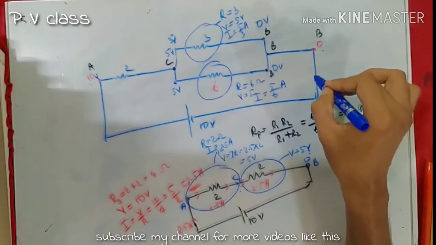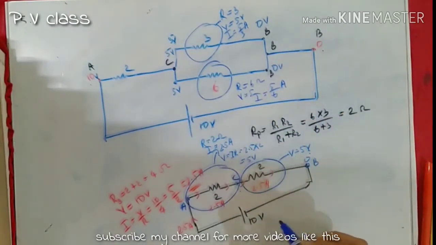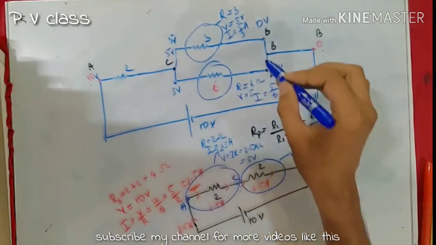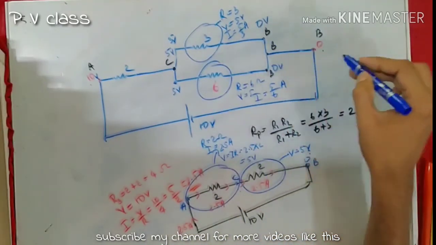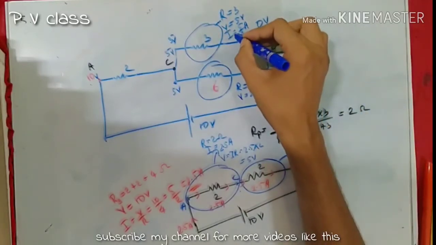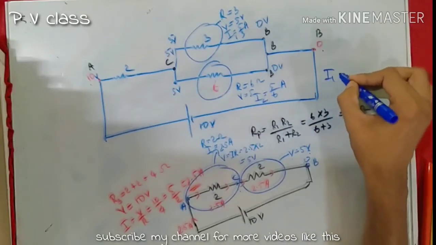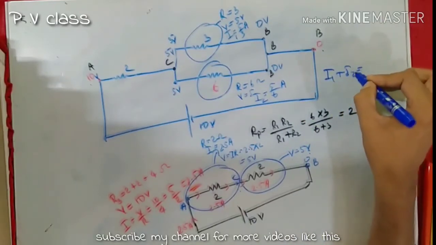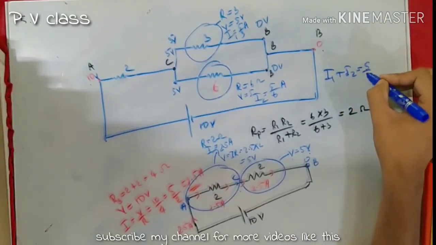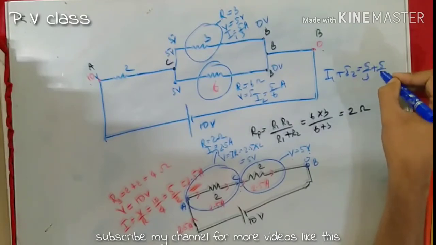Okay, then can you recall the total current? It is 2.5 ampere. And if you are adding this current, let me call it I1, and this current I2. What is I1 plus I2 in this case? It is 5 by 3 plus 5 by 6.